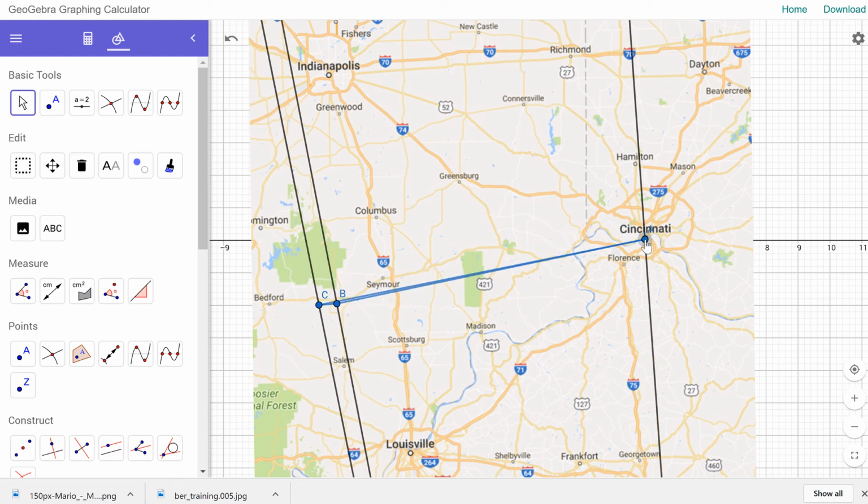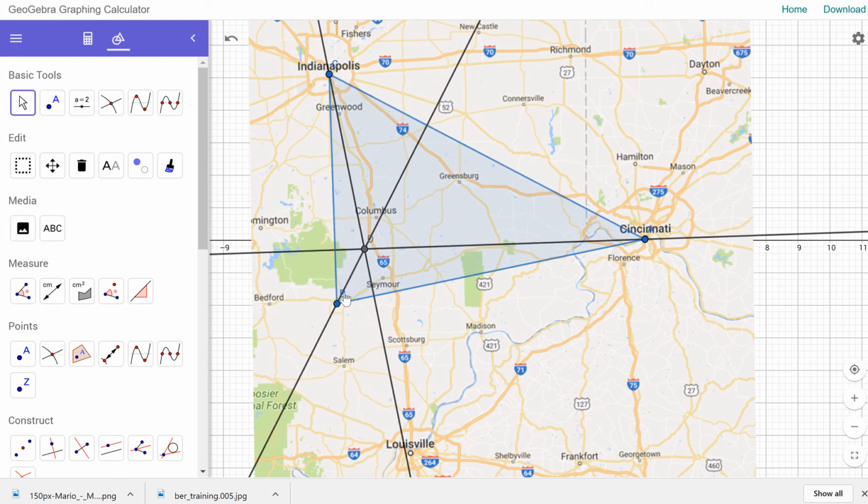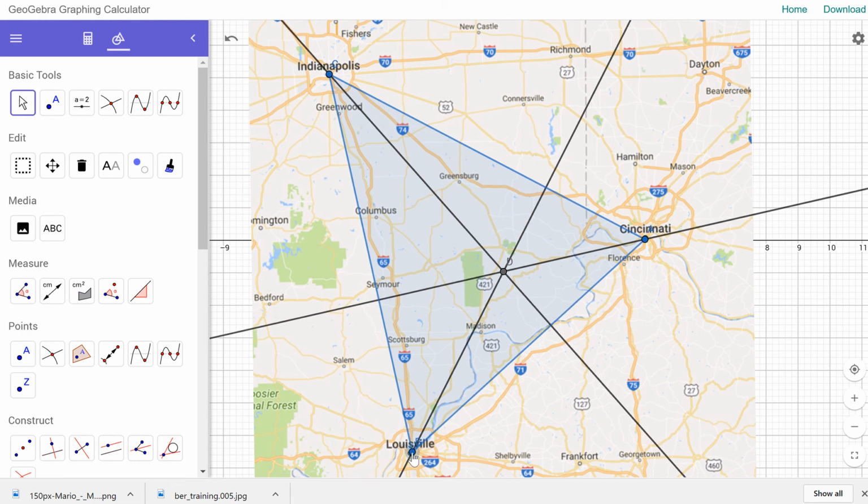What I would like to do is take a look at placing a business so that I am closest to all three highways as possible. Not the same distance like we did for the in-center, but the closest distance to all three highways. And that closest distance is at a perpendicular relationship to each side.